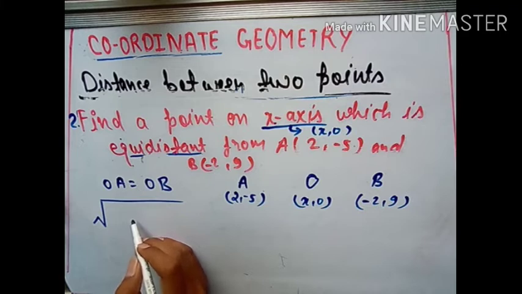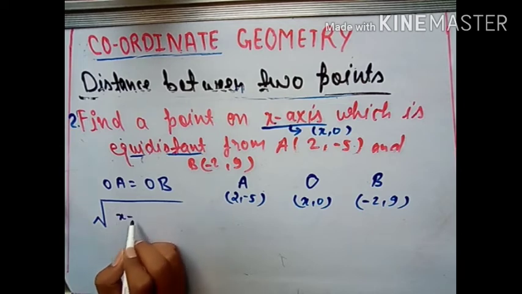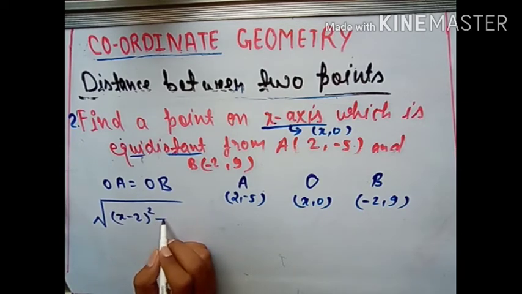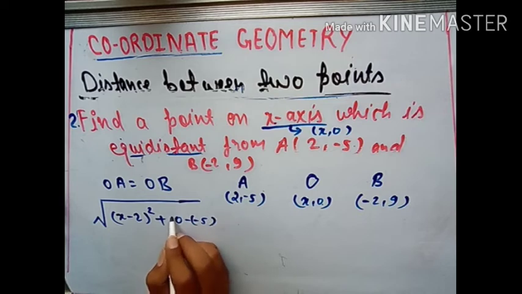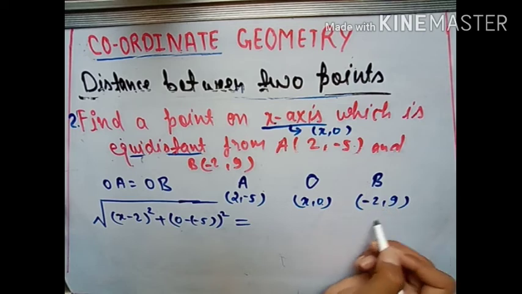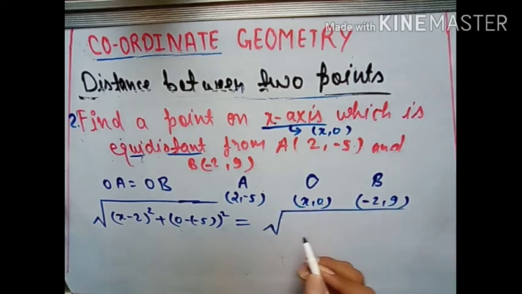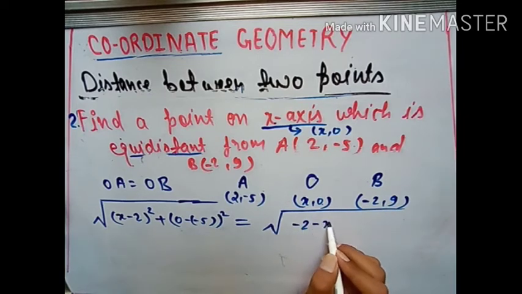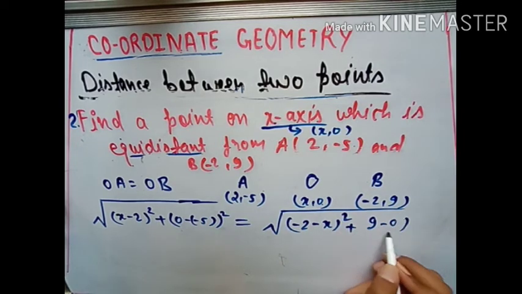Understand? So look here: root of x minus 2 whole square plus 0 minus 5 whole square, equal to root of minus 2 minus x whole square plus 9 minus 0 whole square.